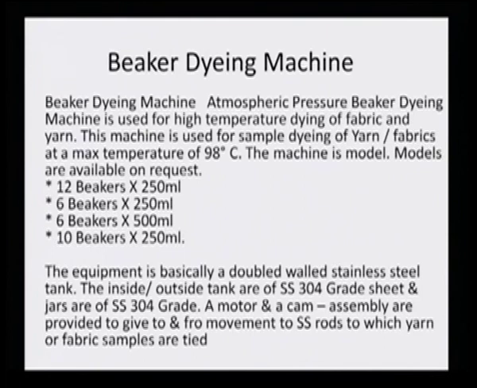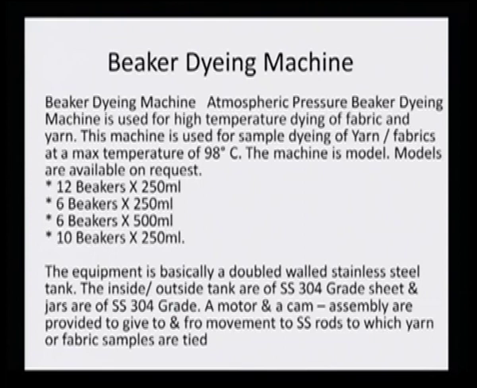The machine has several models and beakers are available. It may have 12 beakers of 250 ml capacity or 6 beakers of 250 ml capacity, and various models are possible. So, between 6 to 12 beakers it is possible, with different capacities of the beakers that can be fitted on that.